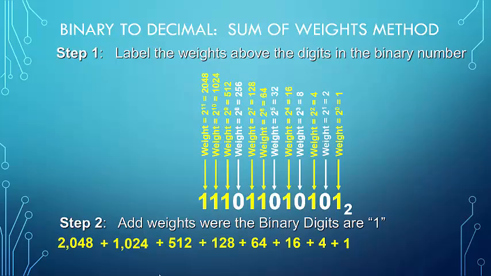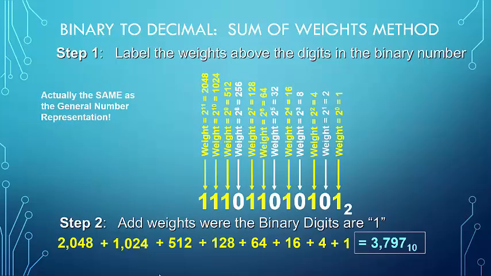Multiplying 1 by its base raised to the appropriate power of 2 is meaningful, whereas multiplying 0 would not be, so we can disregard the zeros using this shortcut. And so our binary number 11101101001 ends up being 3,797 base 10.